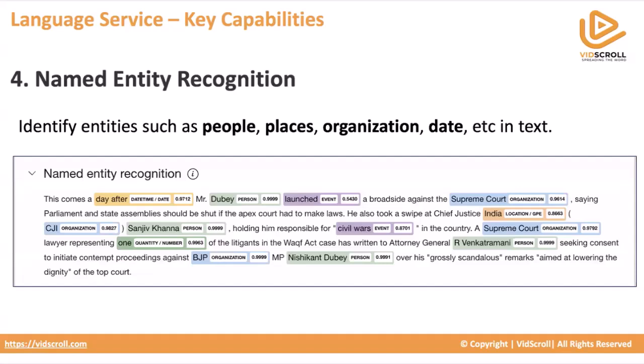If you have given any date, it will recognize it. For example, in the given text, it says day after, which is a datetime. Dubai is recognized as a person name. Launched is an event. Supreme Court is an organization. India is a location. Civil War is an event. Nishikant Dubey is a person. BJP is an organization. One is a quantity. Sanjeev Khanna is a person. So it is able to recognize those entities.